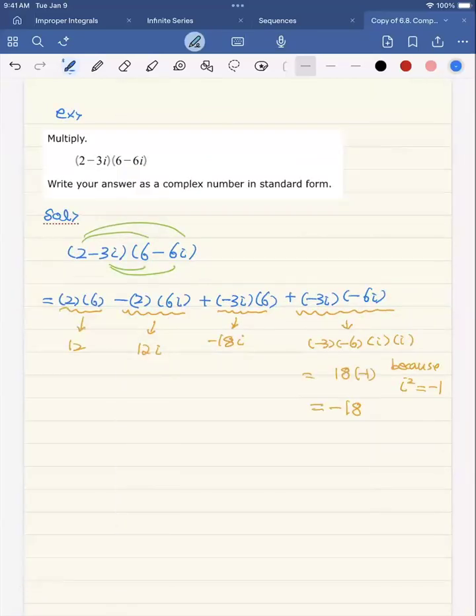In the next problem, we have to multiply 2 minus 3i times 6 minus 6i. The working principle will be exactly the same. But the only difference is when we simplify, we use the property i squared equals -1.